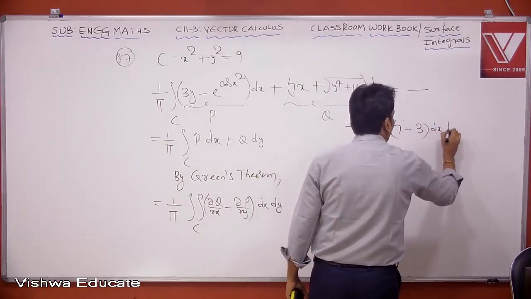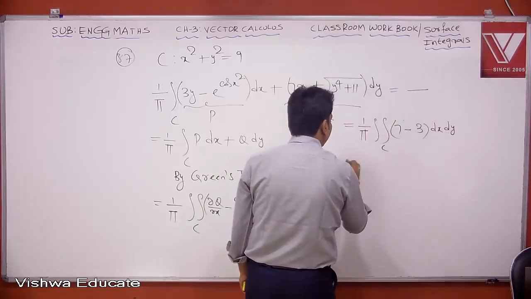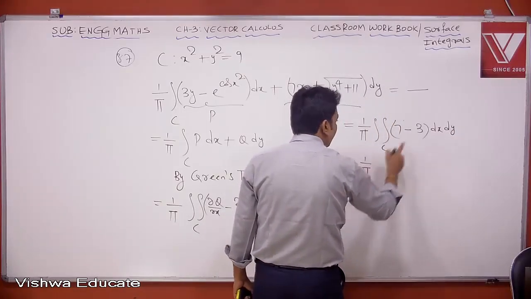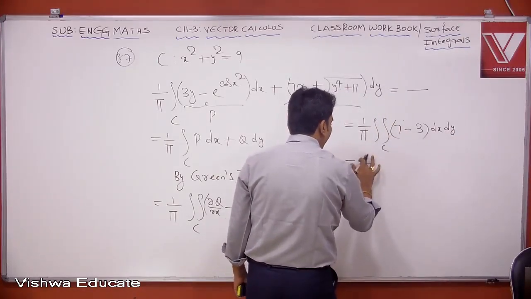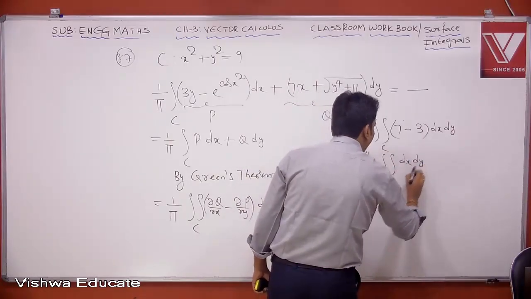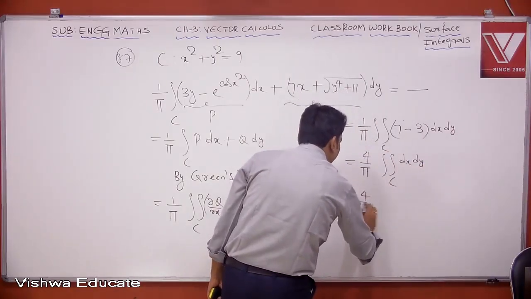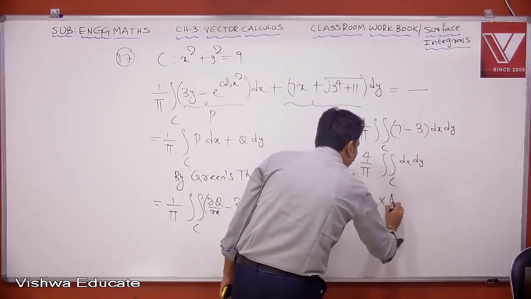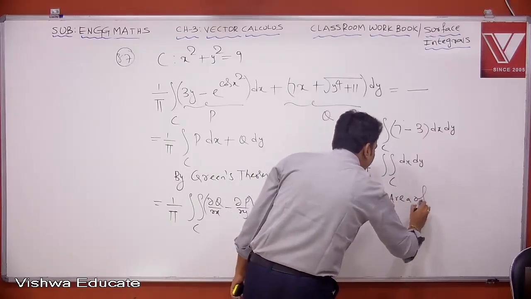So the double integral of (7 minus 3) dx dy over C. This is constant, so this is 4 by pi into double integral dx dy over C. So this is 4 by pi into the area of the curve C.